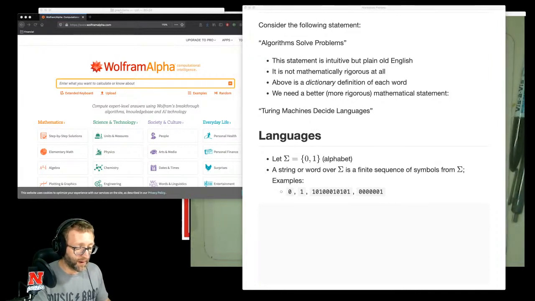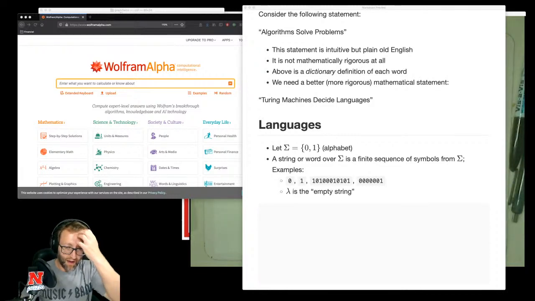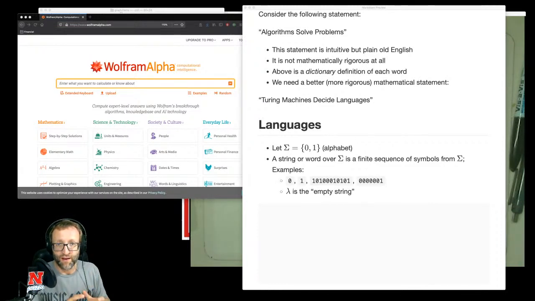There's also a very special character that we need to make this a fuller algebraic structure, and we use lambda. It is the empty string. And this is necessary if you're going to concatenate things together, you need an identity element.